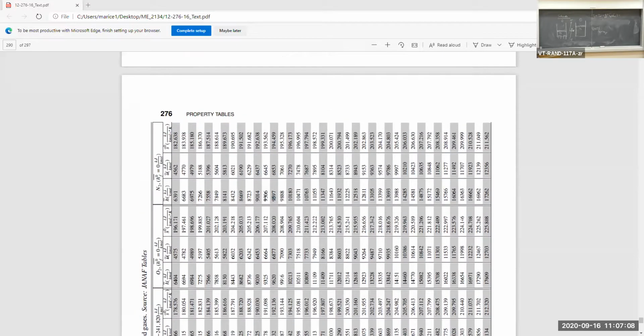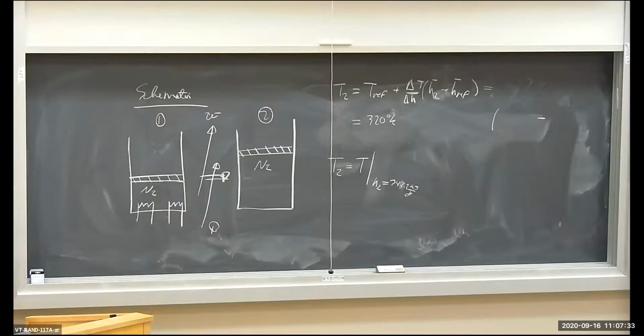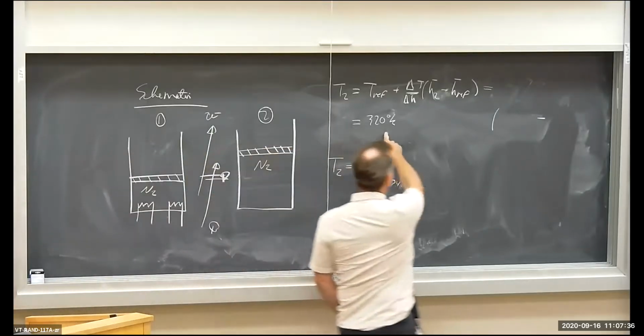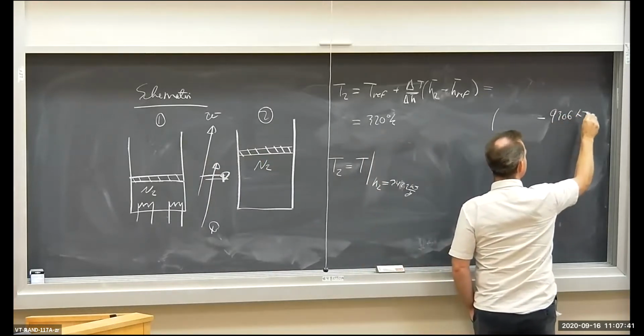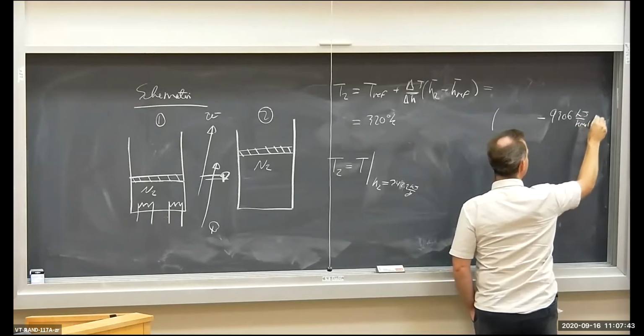And H at T ref is 9306 kilojoule per kilomole.